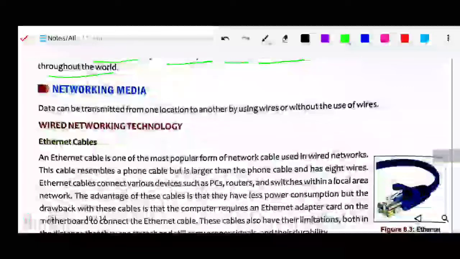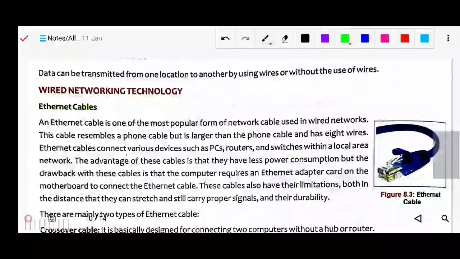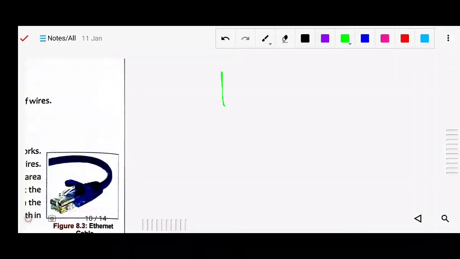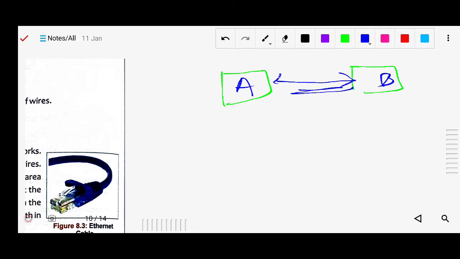Now the next part is your networking media. As I told you, suppose you have two computers, these two computers will be connected by some channel, some media. That medium is like your cable, Wi-Fi, Bluetooth, infrared.